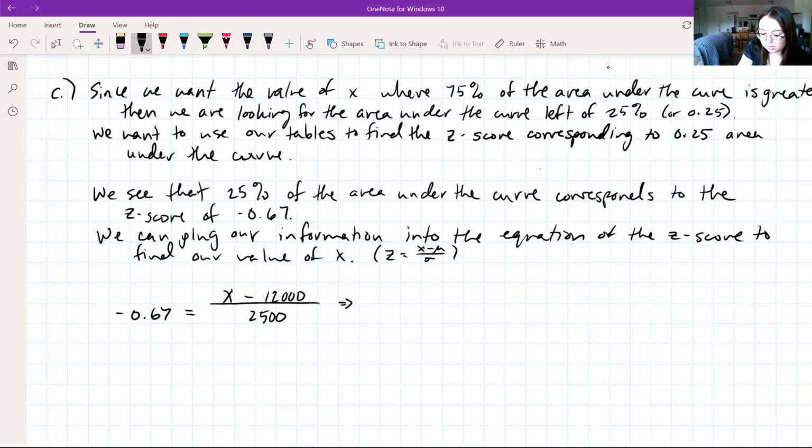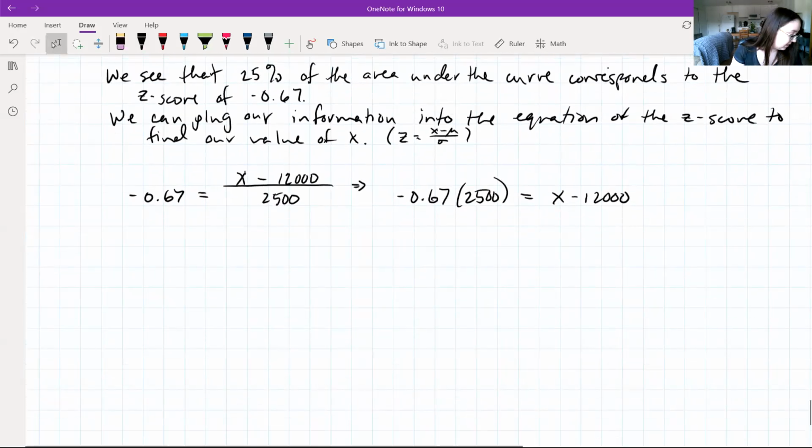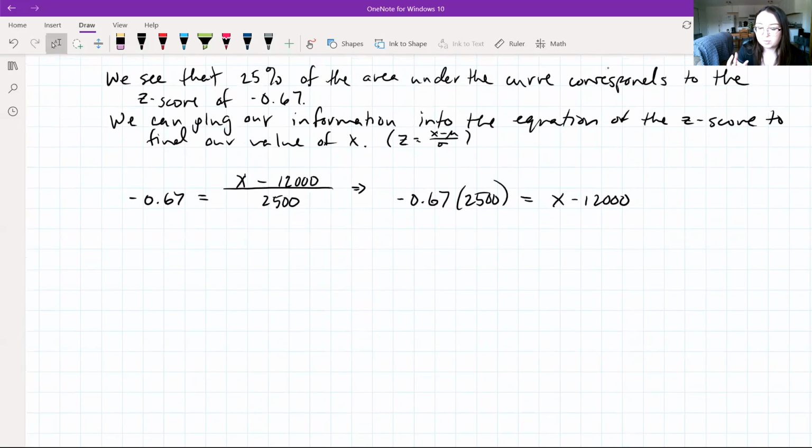Now when we calculate this, we're going to get negative 0.67 times 2,500 is equal to x minus 12,000. Then we can add 12,000 to each side, and what we end up getting is x is equal to negative 0.67 times 2,500, plus 12,000.